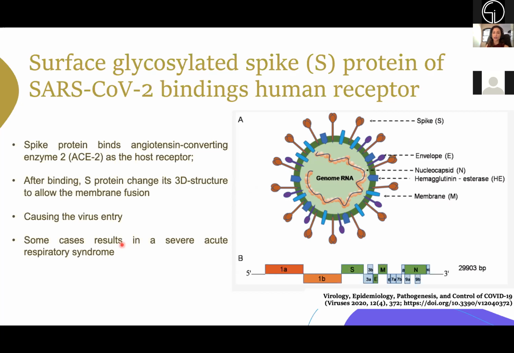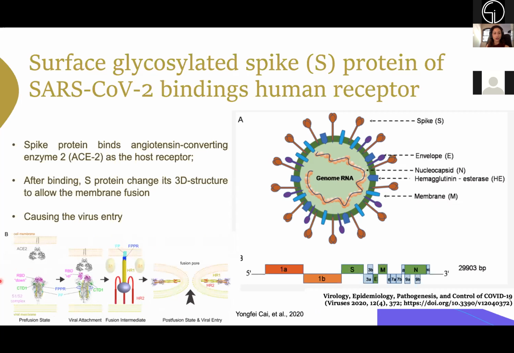The severe cases are related to the formation of blood clots that cause thrombosis in the lungs. That is very bad. And also a cytokine storm, a very bad inflammatory response in the severe cases of COVID-19.